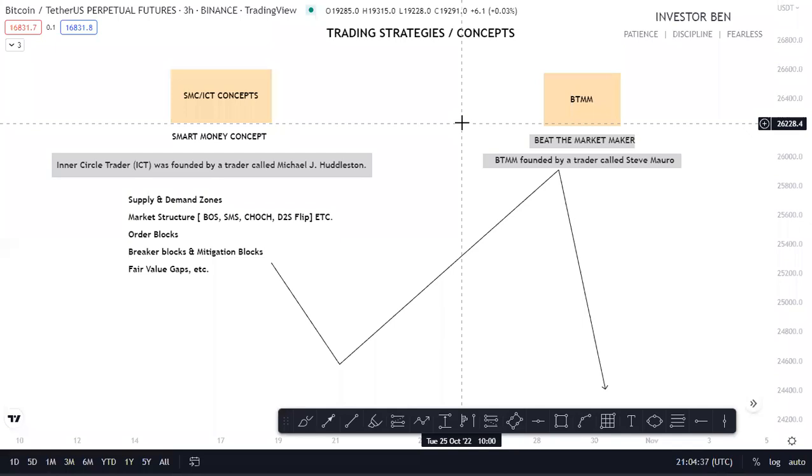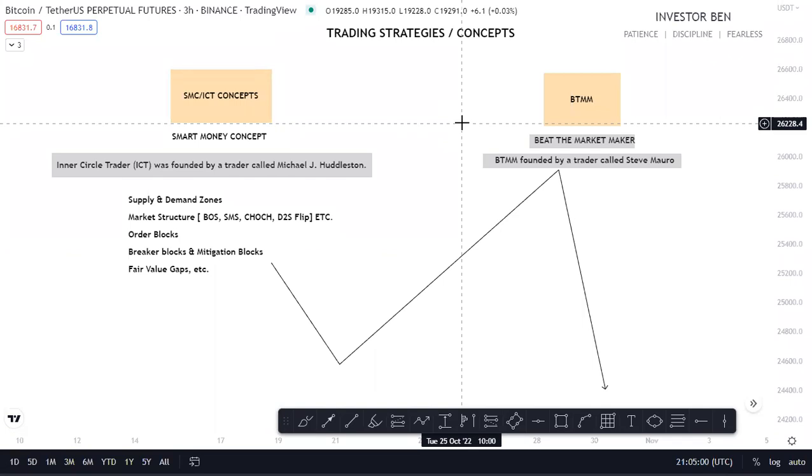So when we talk about BTMM, as the name goes, beat the market maker, we are trying to find an edge to profit from. You're not actually trying to beat the market maker like the name is telling you. You're just trying to find an edge to at least flow with the market makers, because indeed you cannot beat them.